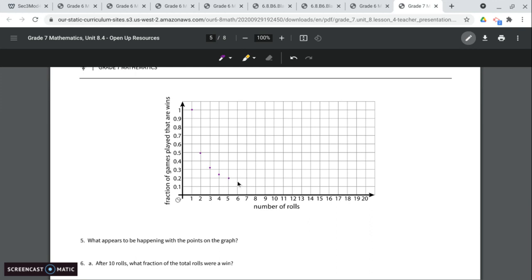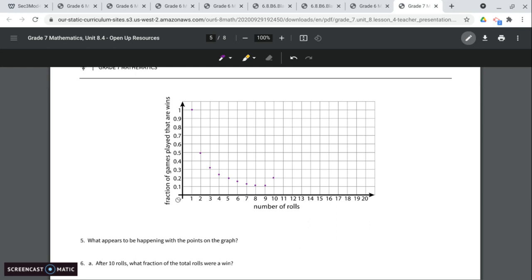At 6 rolls, we were at 0.17, so right about there. At 7 rolls, we were at 0.14. At 8 rolls, we were at 0.13. At 9, we were at 0.11. And at 10, we went back up to 0.2.